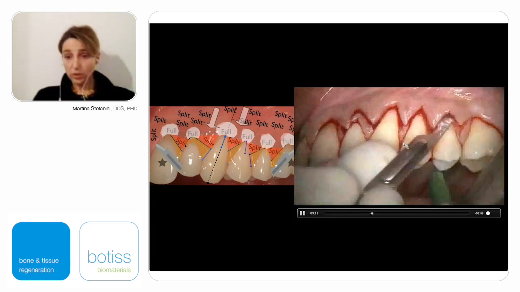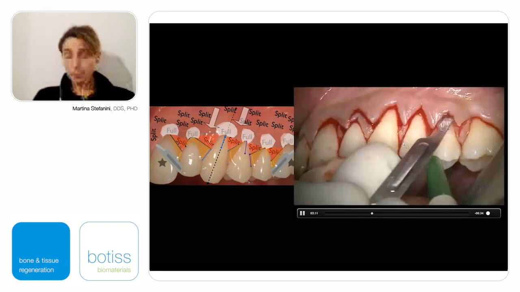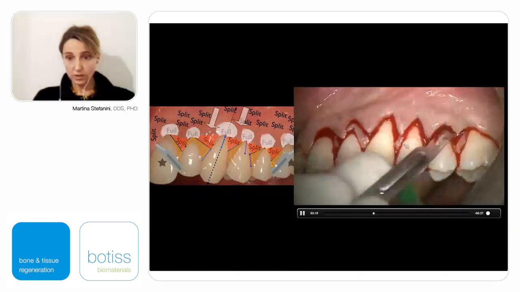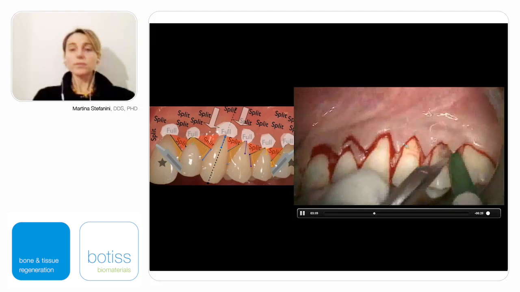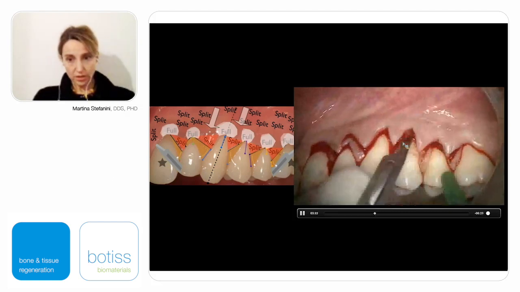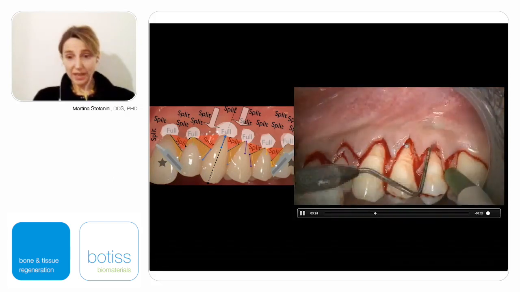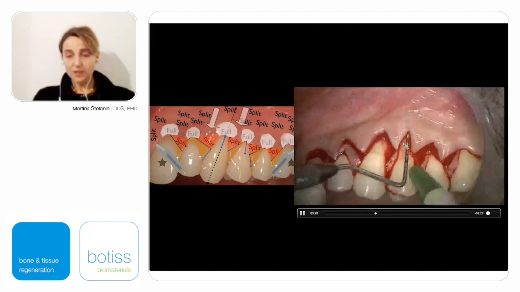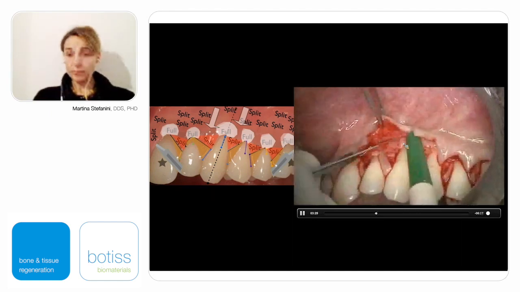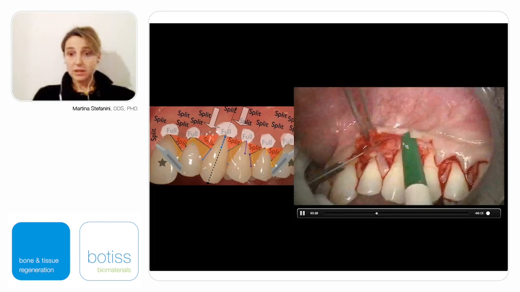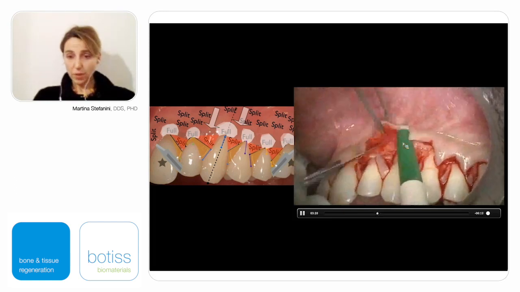And now with the deep split thickness incision, we are going to detach from the periosteum. You can see the blade is now maintained parallel to the bone, detaching the muscles from the periosteum.